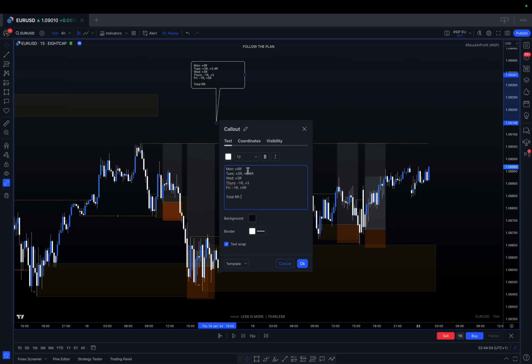So we can say 4 plus 3, 7. 7 plus 3.4, that's 10.4, plus this, that's 13.4, minus this, that's 12.4, plus this, that's 15.4, then minus this, that's 14.4, then plus this, that's 19.4. Okay, so 19.4, right?